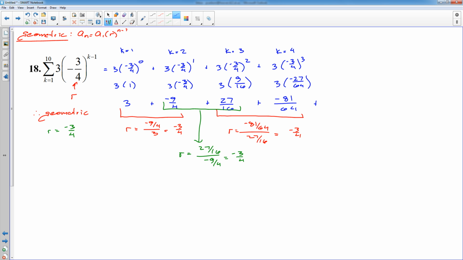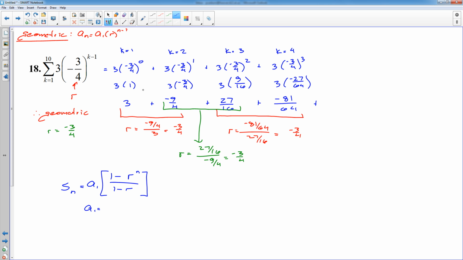And then I need the sum of the first 10 terms. I'm going from 1 to 10. If I write all that out, there's 10 terms. So the sum of the first however many terms, if it's geometric, is your first term times 1 minus your ratio to the n power over 1 minus the ratio. So I'm simply going to plug in.